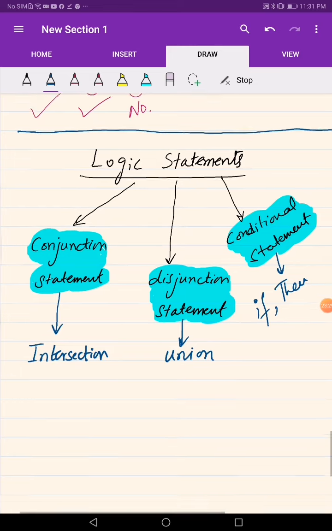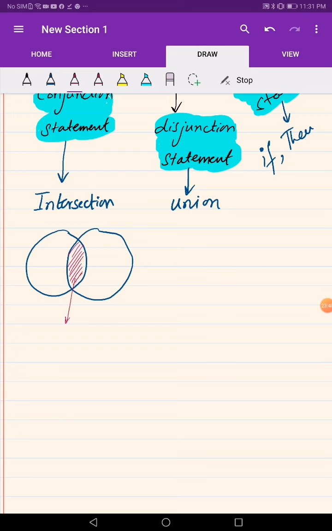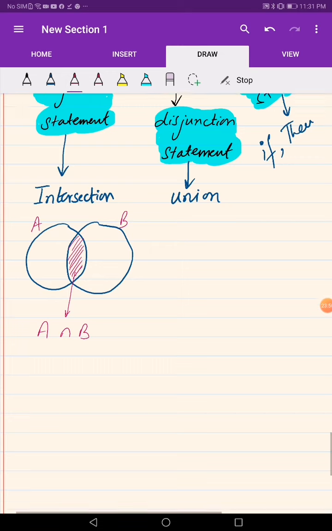I want to talk about the intersection case. You remember in a Venn diagram when we took sets in IGCSE, intersection is the common portion. So we write it as: this is set A and this is set B. We write here A intersection B. I'm talking about the conjunctional statement.